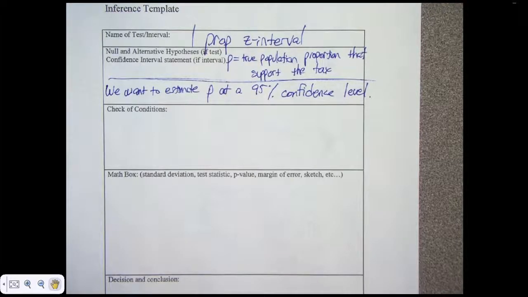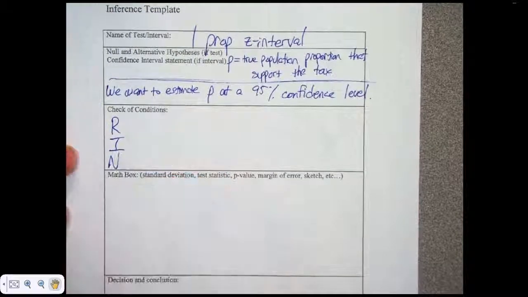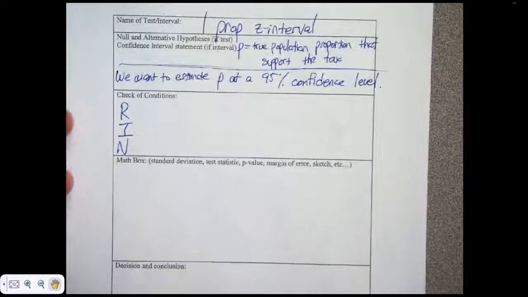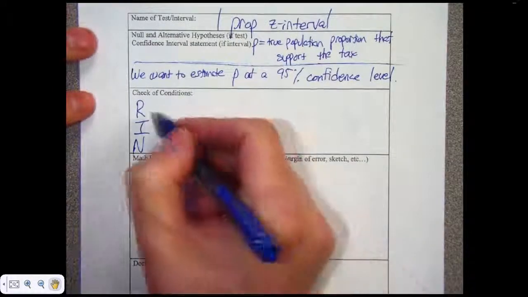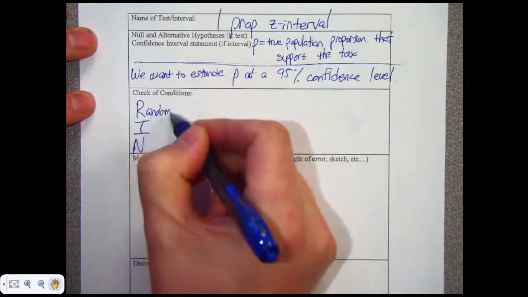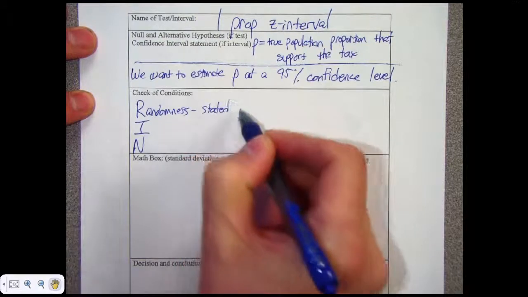So then, before we did RIT, I'm going to do RIN this time. What's the R stand for? Randomness. It needs to be stated, or you have to assume it.